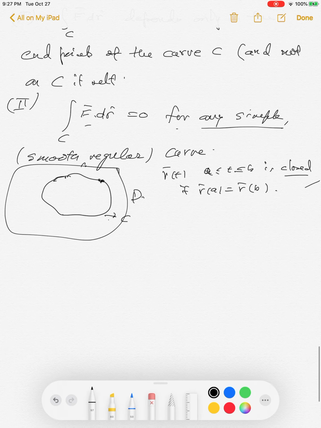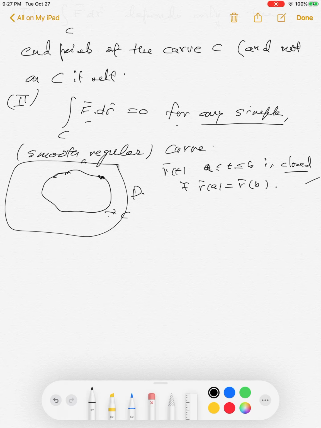Saying that the line integral is independent of the curve and depends on the endpoints is equivalent to saying that the line integral on any closed curve is 0, and the third and the most important condition is the following. This is equivalent to saying that f is a gradient of a C1 scalar field.